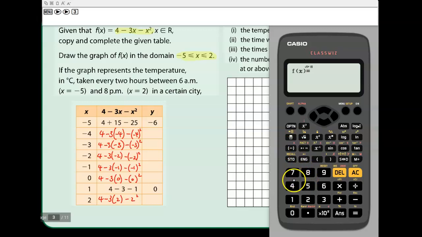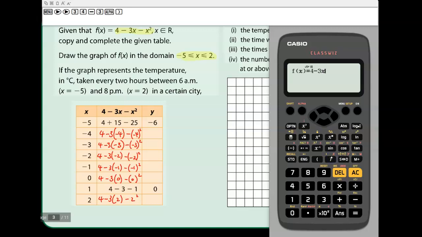In this case, it is 4 minus 3 lots of x, and to get the x, that's the red x you see there above the bracket. To access that, you have to use the alpha button. So alpha bracket gets you the x.